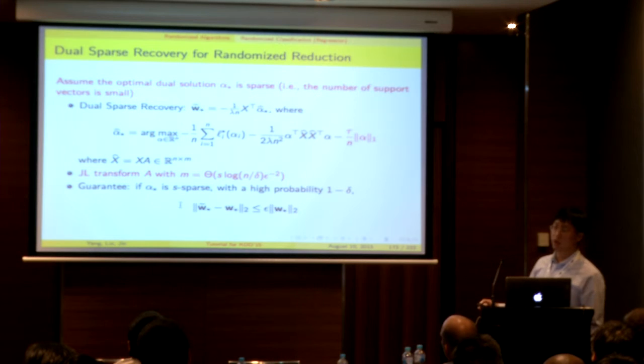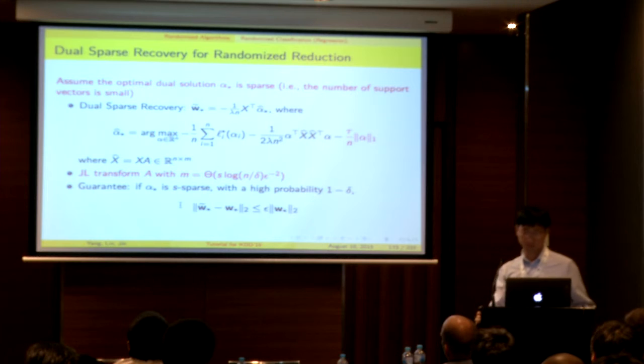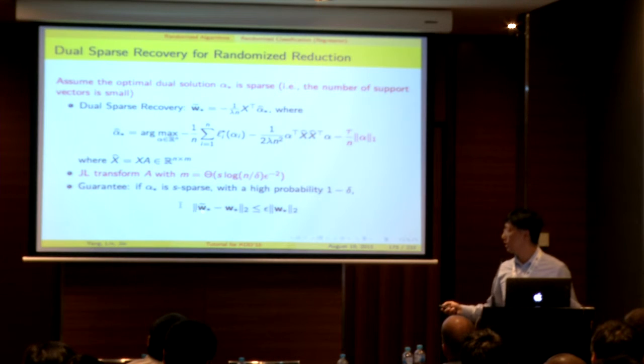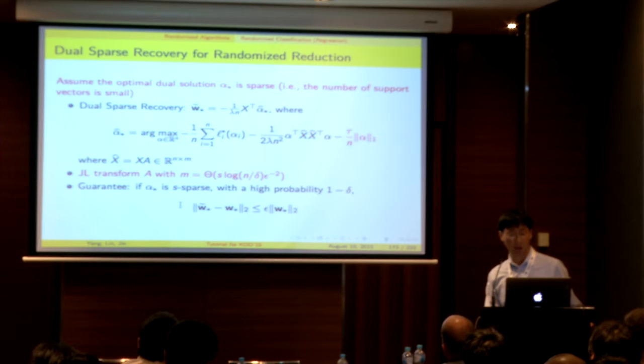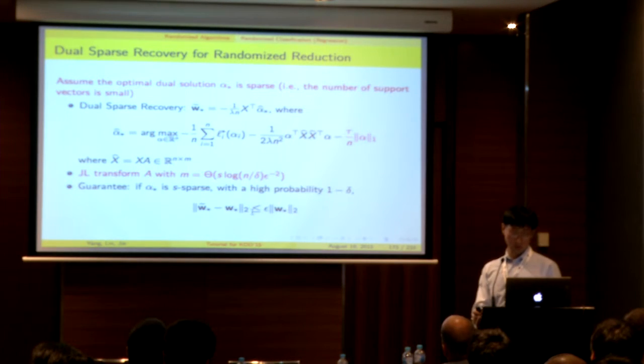S here is the number of non-zeros in the optimal dual variable, alpha star. With this order, we guarantee that with high probability, the recovered model is very close to the optimal model we learned from the original data matrix X. So that is the idea of dual sparse recovery.